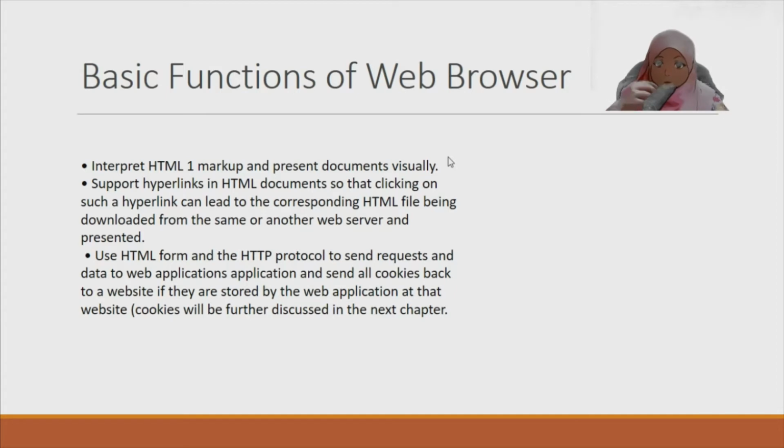You can find all the information using the web browsers, and they support hyperlinks in HTML. When we develop the web interface later on, we will deal with the HTML hyperlink tag, and then use the HTML form with the HTTP protocol to send the request to the server, and the server will send it back to the user.